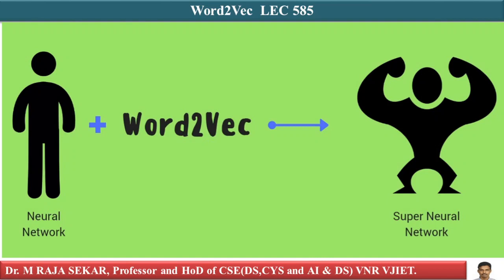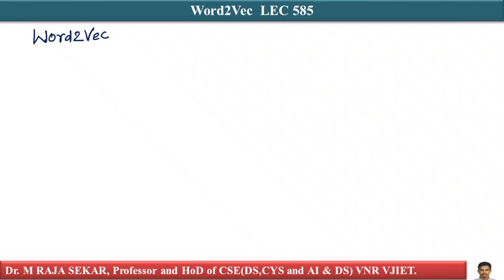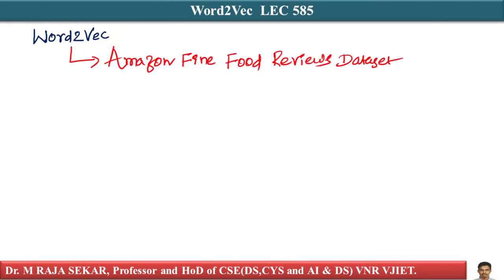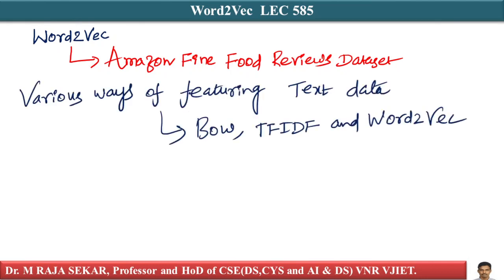We have seen Word2Vec at multiple places. If you recall, in the Amazon Fine Food Review dataset, we learned various ways of featurizing text data. We looked at bag of words, TF-IDF. We also looked at Word2Vec. When we discussed this, I just gave an intuitive understanding of what Word2Vec is. Basically, Word2Vec is a function, isn't it?